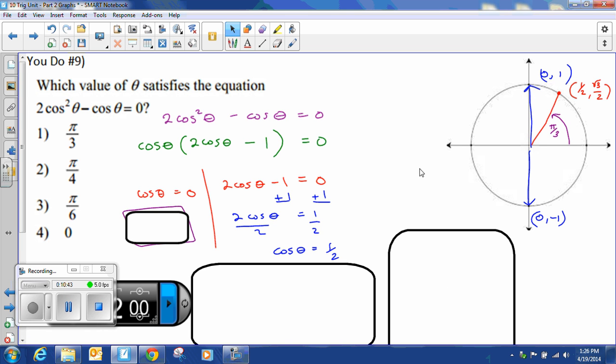Cosine of theta equals 0 here and here, 90 degrees and 270 degrees, also known as pi over 2 and 3 pi over 2. Cosine of theta equals 1/2 right over here, also known as, now this would be 60 degrees in degrees, and in radians, it's pi over 3 radians.